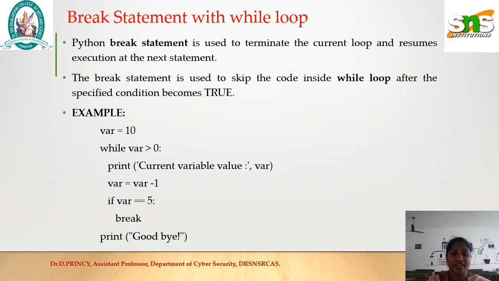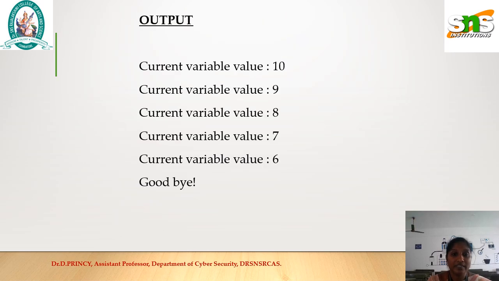The condition is var equal to 5. So when the var value is equal to 5, it comes out of the loop. Let's see the output of this program: current variable 10, 9, 8, 7, 6. Once it reaches 5, it terminates the loop.